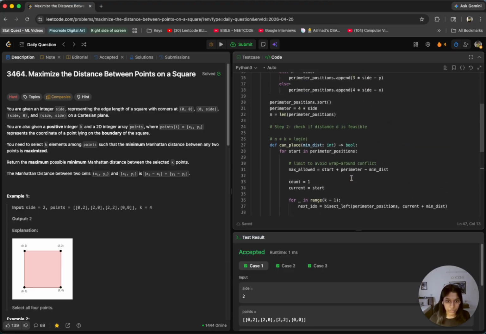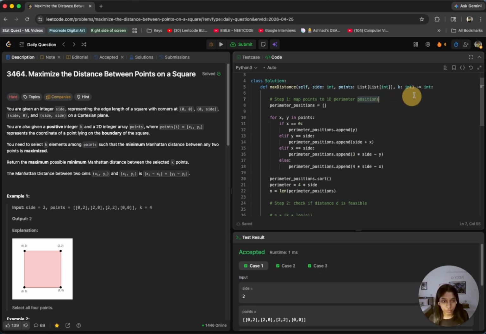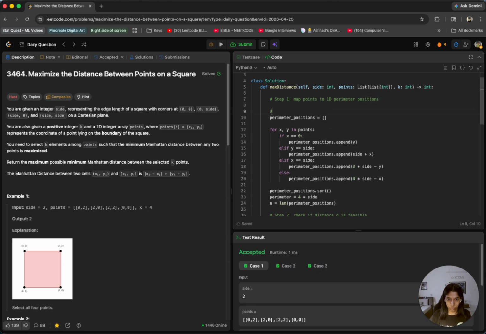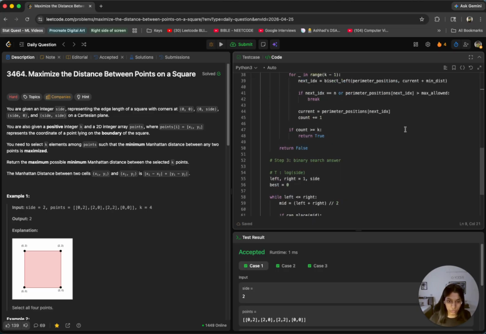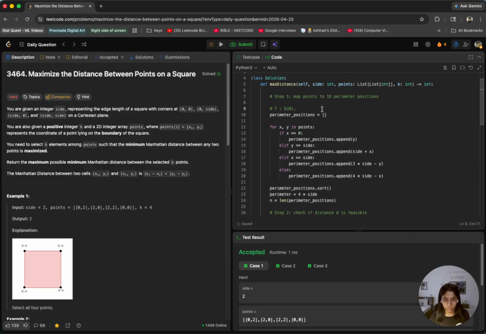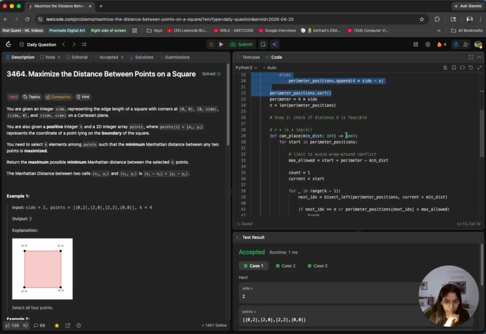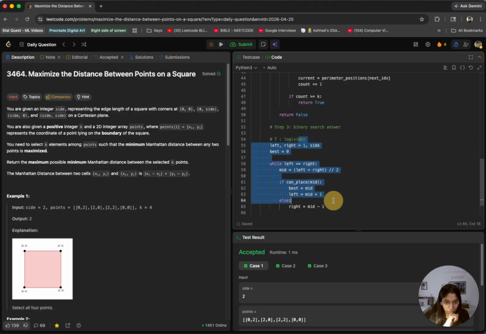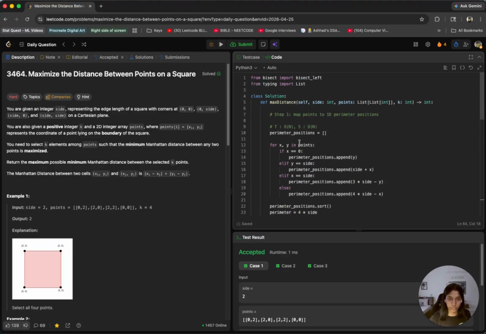All this adding stuff is not much. So n into k log n over here. And we also have this perimeter positions, which is going through n values. So we have O of n over here. And our space, the only space that we do use is for this perimeter positions. So overall space is O of n. So if I take everything together, this is the major time here.